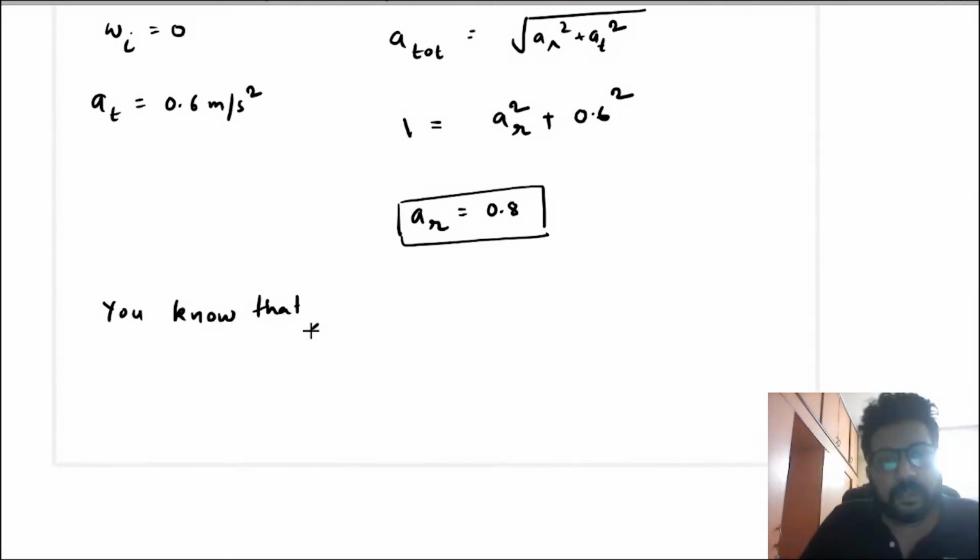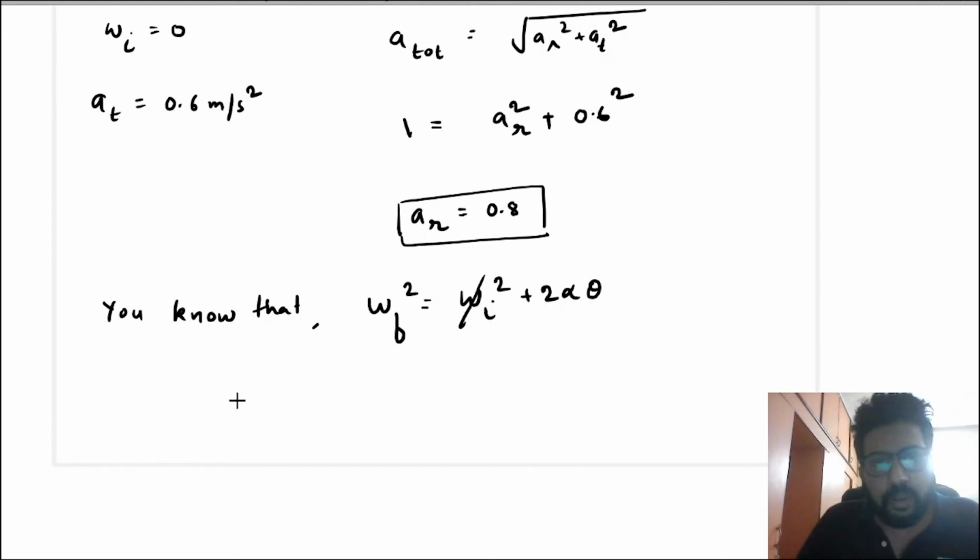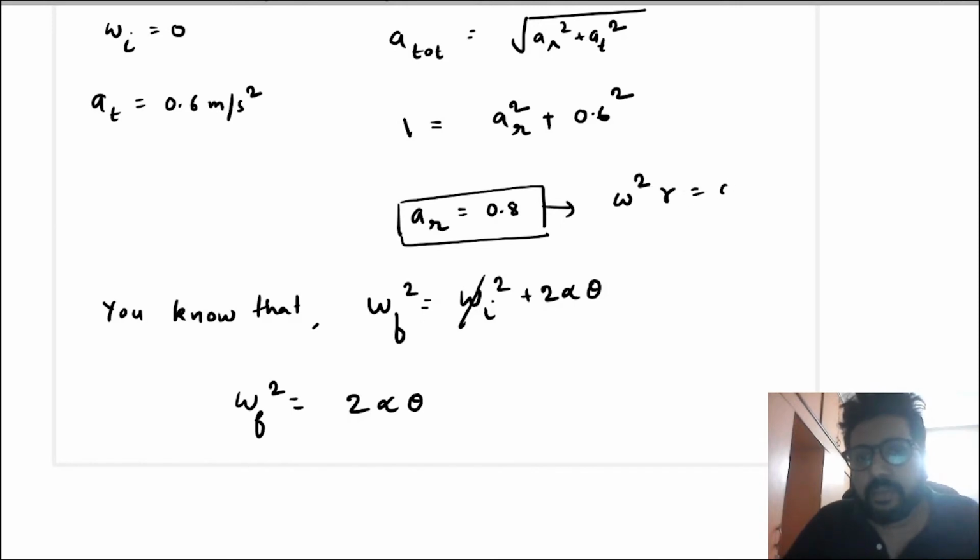So you know that omega final square is equal to omega initial square plus 2 alpha theta. Now omega initial is 0. So omega final square is equal to 2 alpha theta. Now if at the final point AR is 0.8, that means omega square R is 0.8.